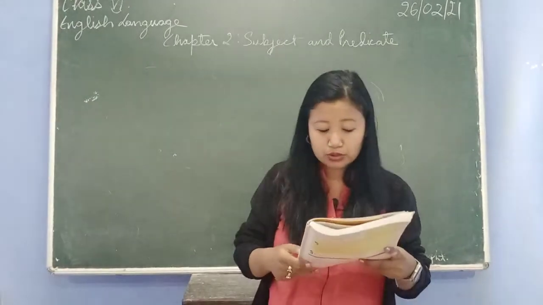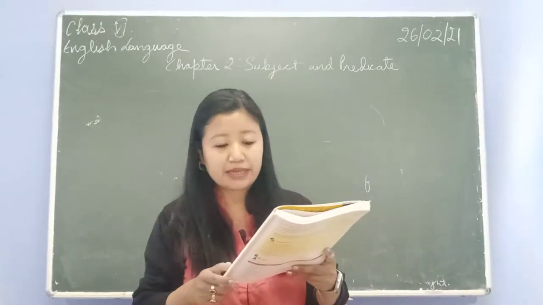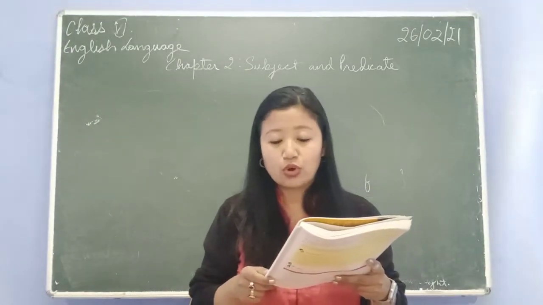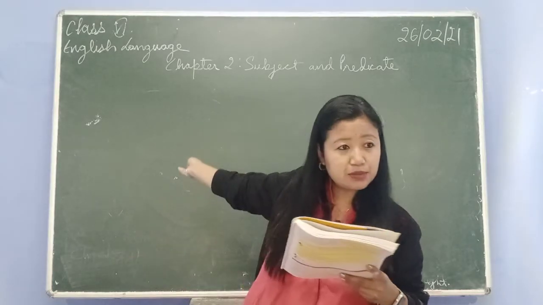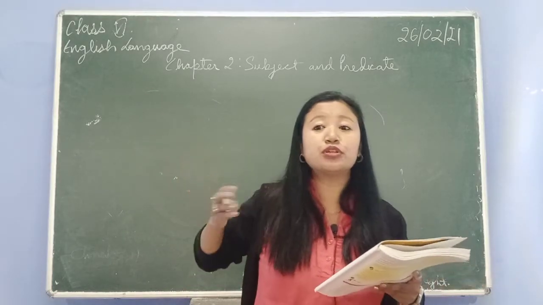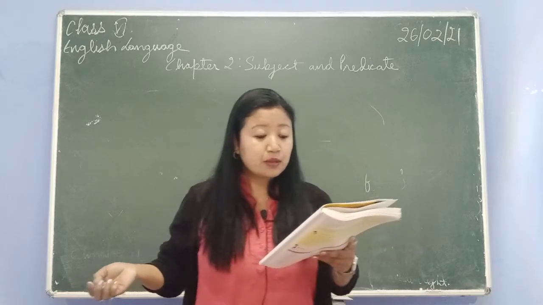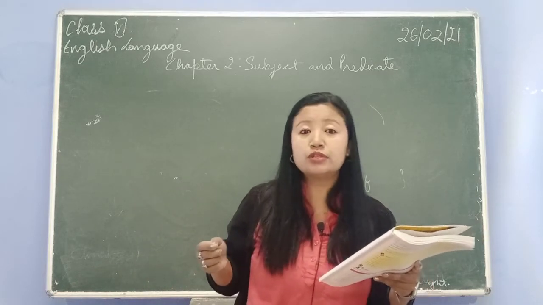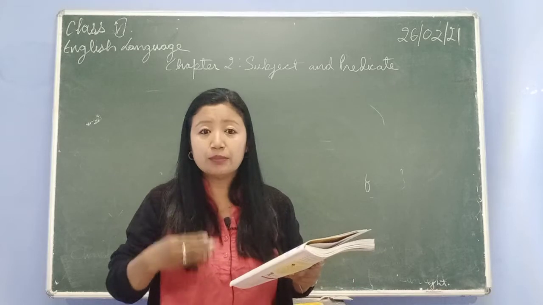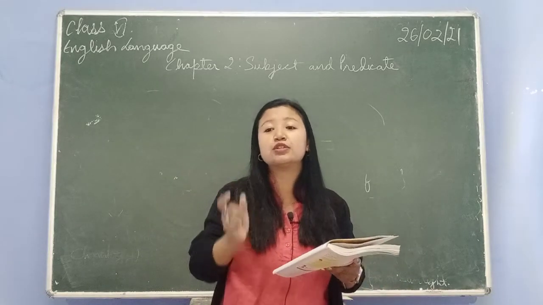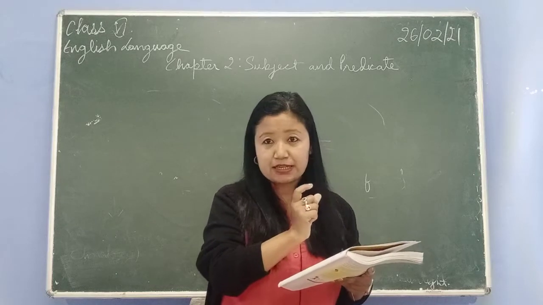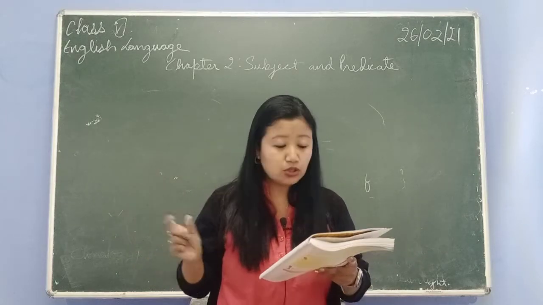On page number 8, the subject does not always come at the beginning of the sentence. I gave you 2 examples where the subject was at the beginning. But if you see "down rolled the stones," you're talking about the stones, right? So it's not necessary that the subject comes at the beginning. It can come towards the end also.